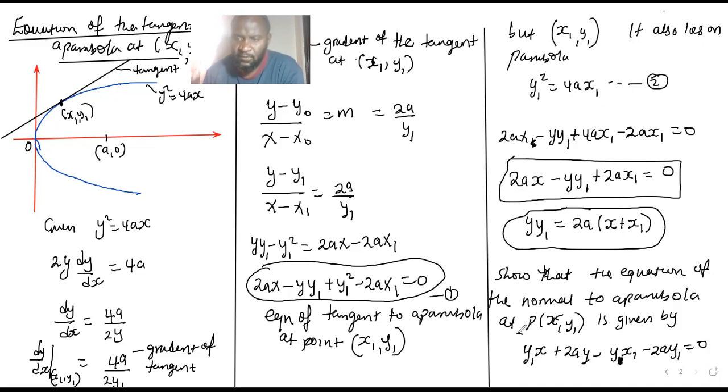You will show this in your free time. Remember, the only condition for the normal is it has a gradient that is the negative inverse of that of the tangent. Okay? So you can have that down.